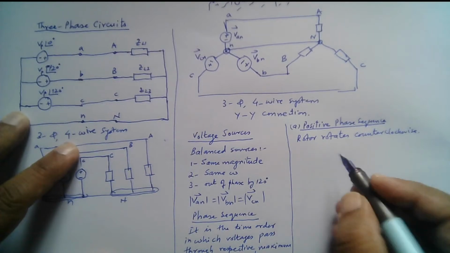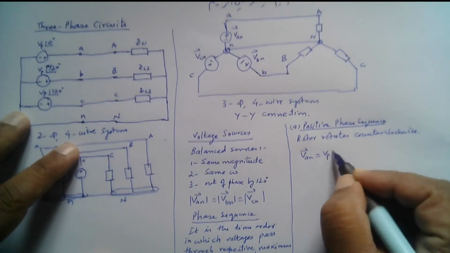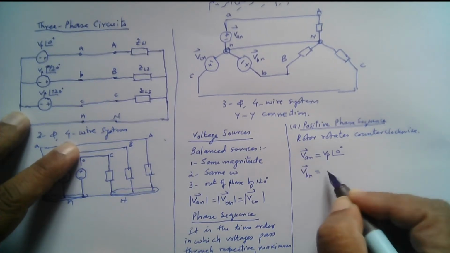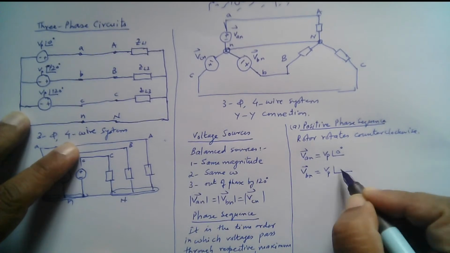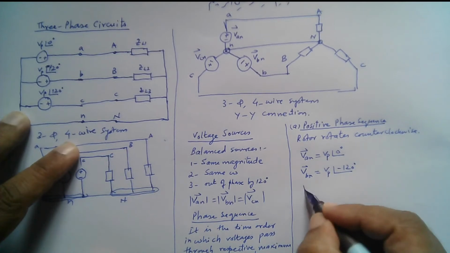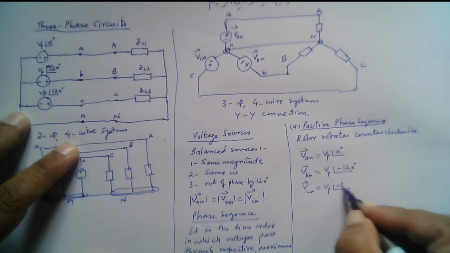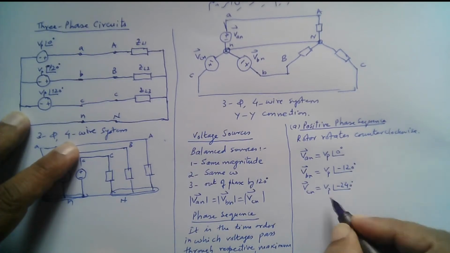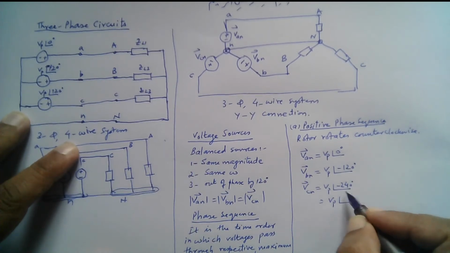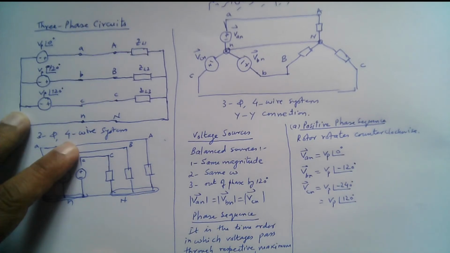And we have VAN equal to VP angle 0 degrees, for example. Then VBN is equal to VP angle minus 120 degrees, right? And then VCN is equal to VP angle minus 240 degrees, and that is basically equal to VP angle plus 120. Minus 240 degrees is the same as plus 120 degrees. So this is the phase sequence.